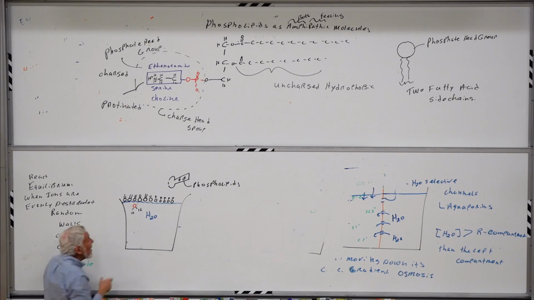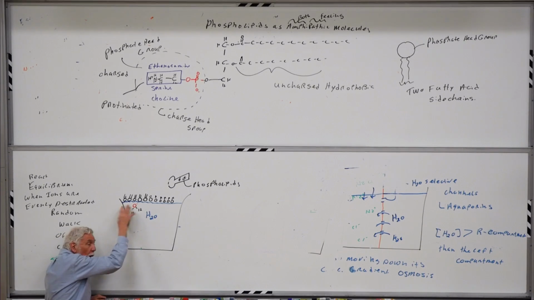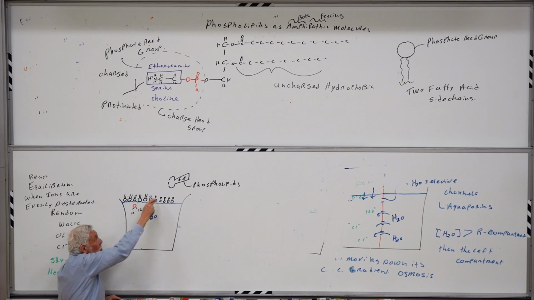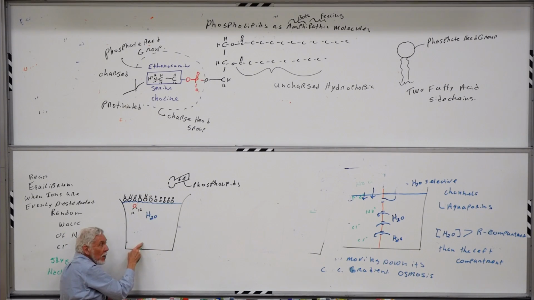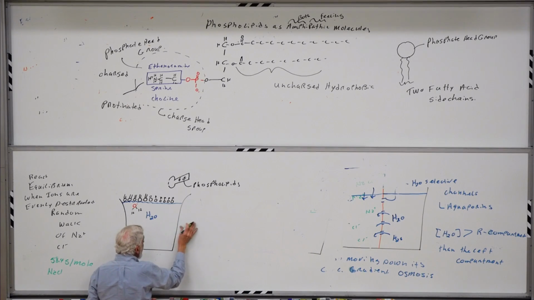But that doesn't tell us very much about how these phospholipids can organize themselves below the surface of the water. It talks about how these phosphate head groups would orient themselves at the air-water interface, but it doesn't tell us much about what happens when we dunk these underwater. So let's imagine putting these phospholipids underwater.